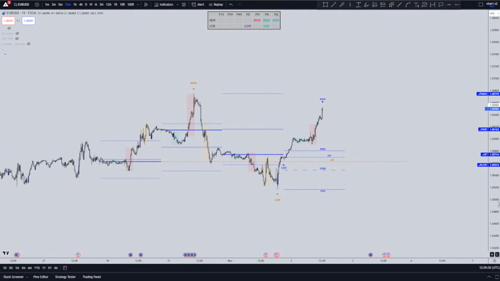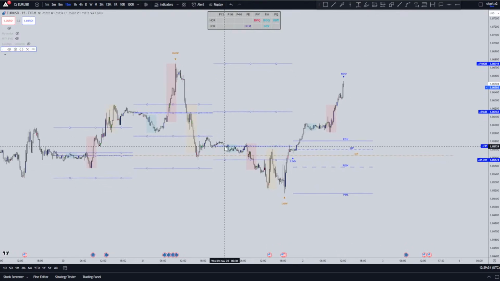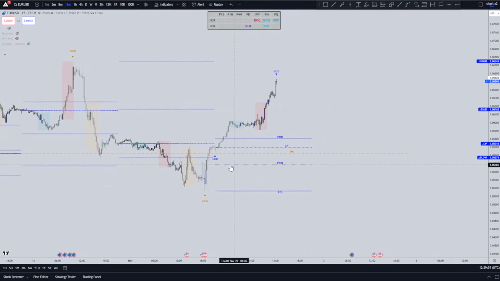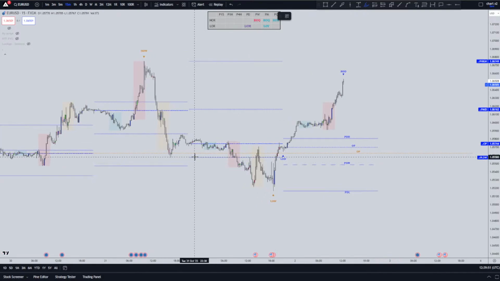So it's completely the same thing. Like here today, this is the previous day's low. Okay, that's this day. So yesterday we took out Tuesday's low.